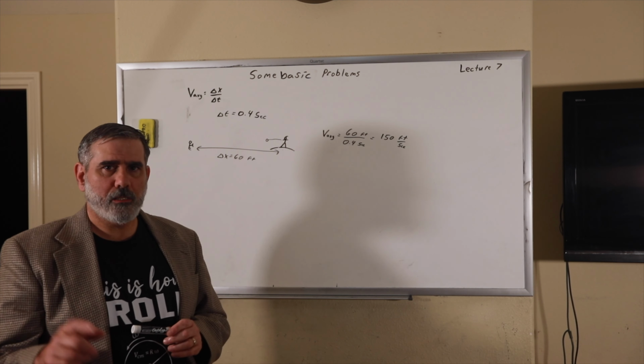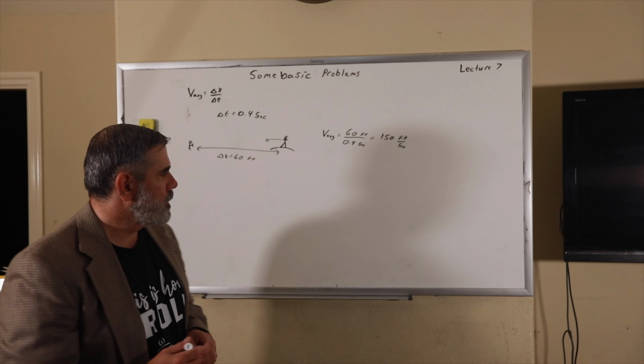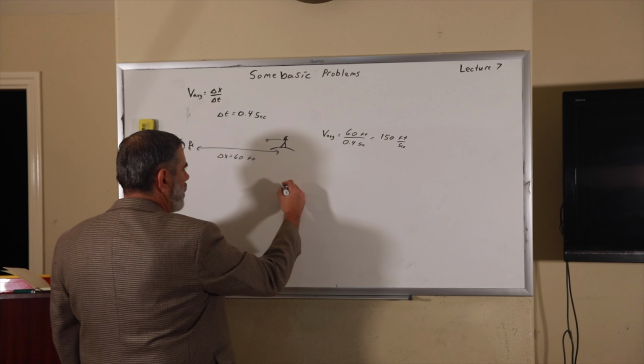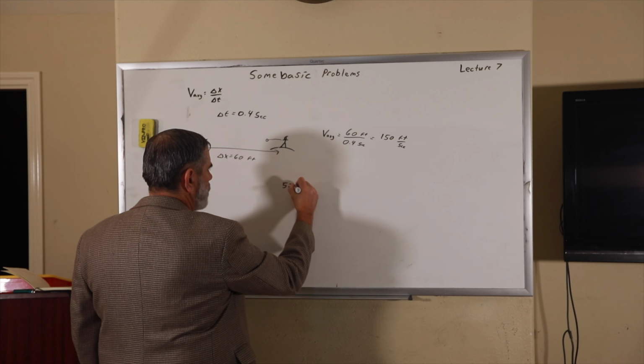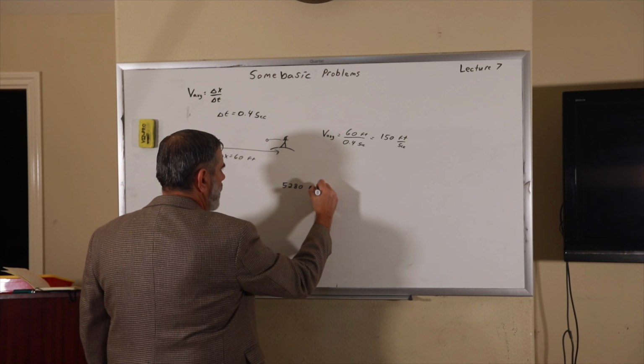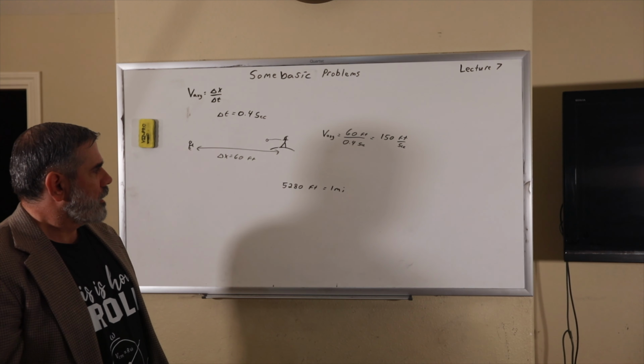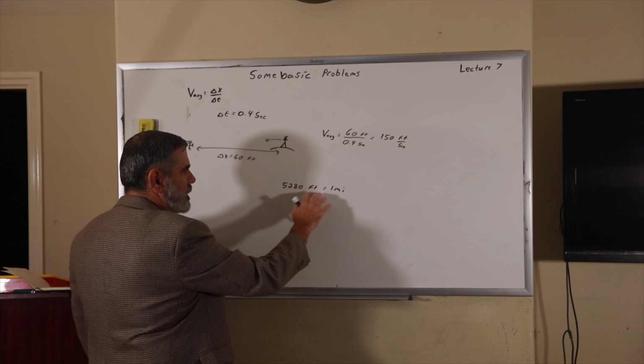To do that, we're going to need some conversion ratios. Let me just remind you what a conversion ratio is. For example, there are 5,280 feet in 1 mile. So 5,280 feet is equal to 1 mile.